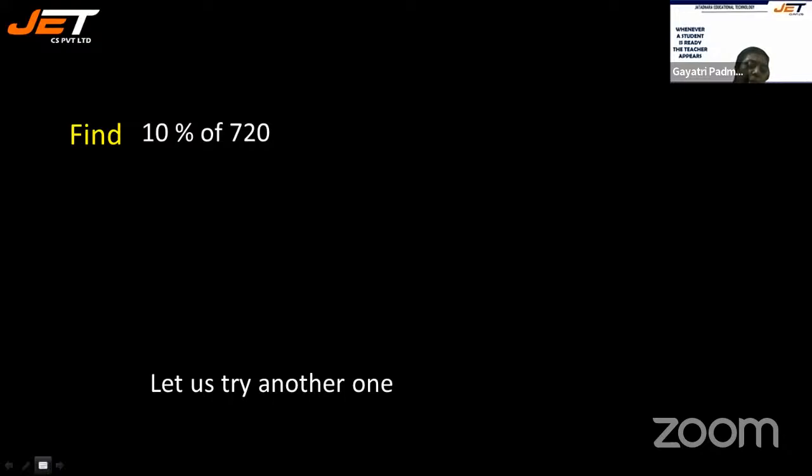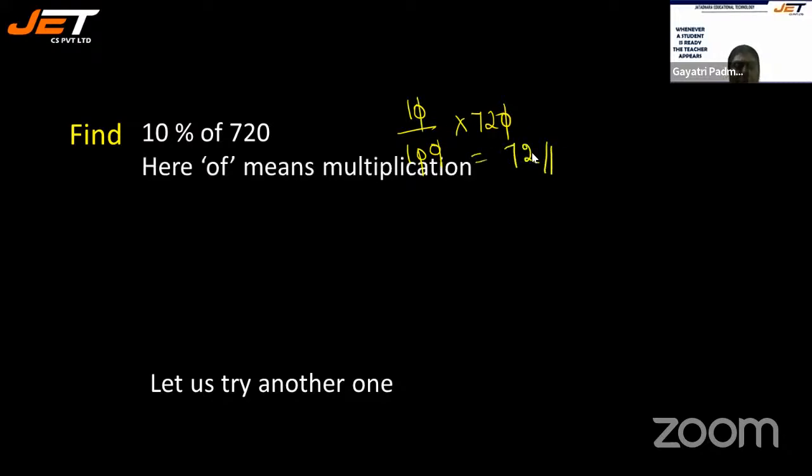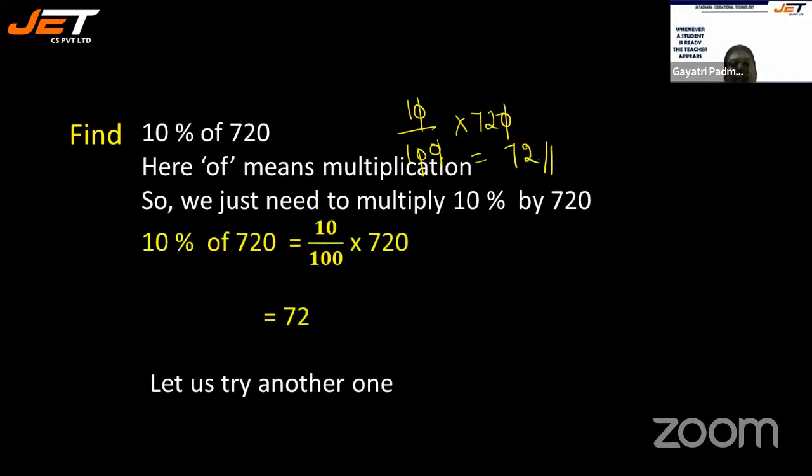Quickly do it. This is for those who are still taking so much time in answering. 10% means 10 by 100 into 720. So 0, 0, 0, 0, which is 72. If your answer is 72, then you are right.